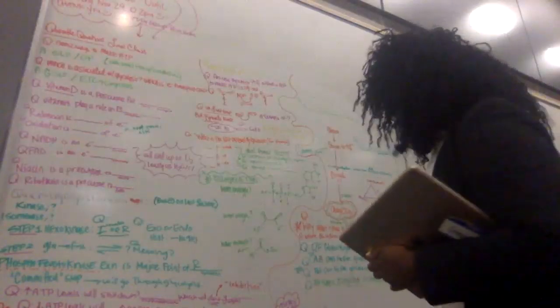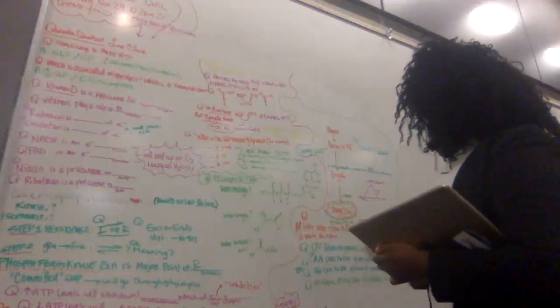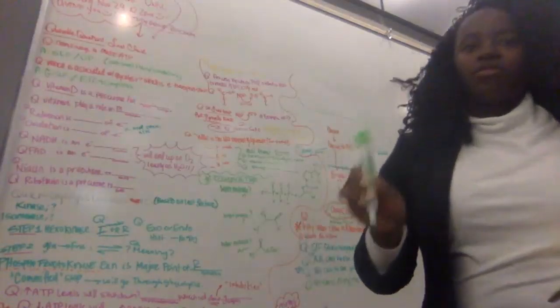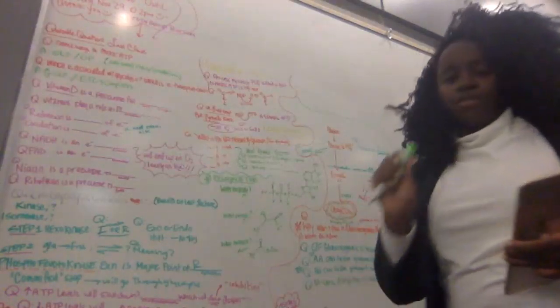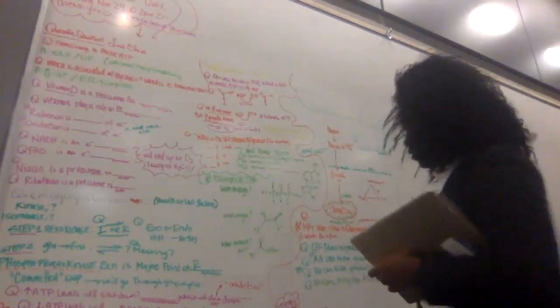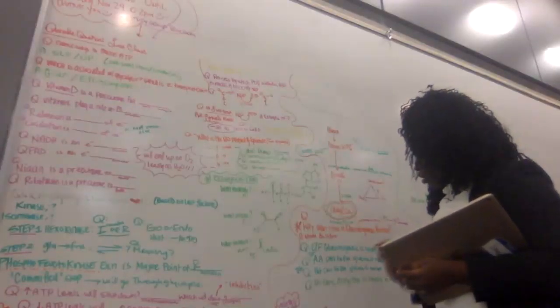So let's be careful. True or false? Amino acids can form glucose if needed. 3, 2, 1, true. Fat can form glucose if needed. 3, 2, 1, true. Just kidding, false. And then true or false, excess acetyl-CoA can be stored as fat. It is true.